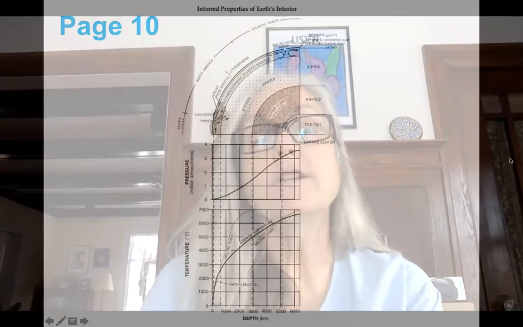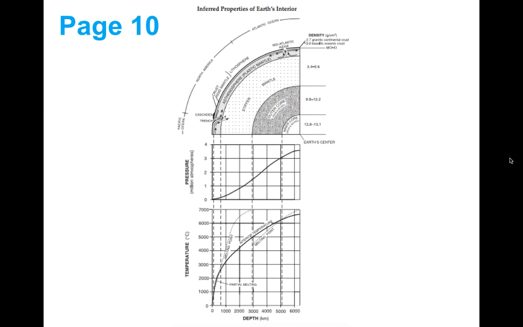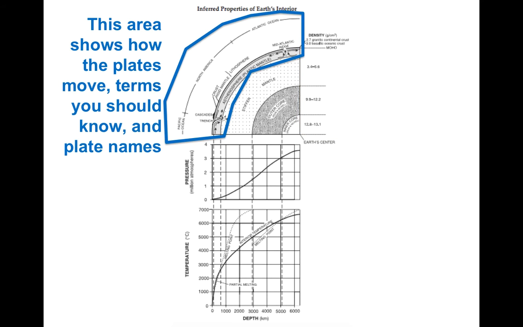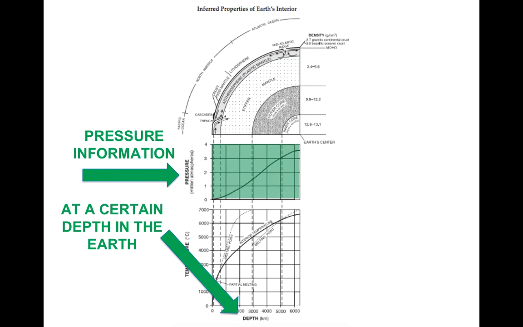Another thing that we did this week was we talked about the interior of the Earth. We started doing that by looking at page 10, the inferred properties of Earth's interior in your Earth Science Reference Tables. Now, what it's showing is density of the Earth through the different layers. It's showing the different types of plate configurations in this area. It's showing pressure in this part of the graph.